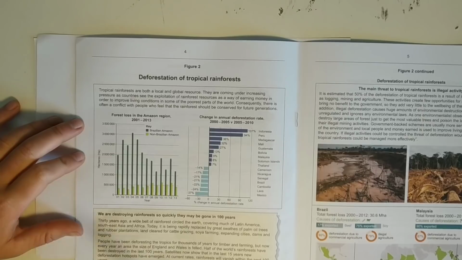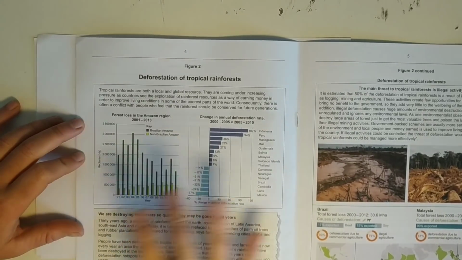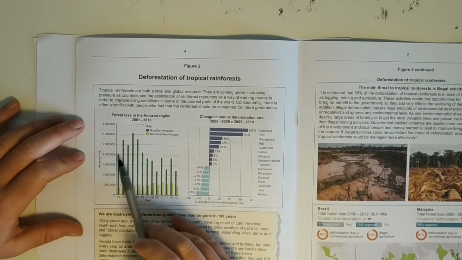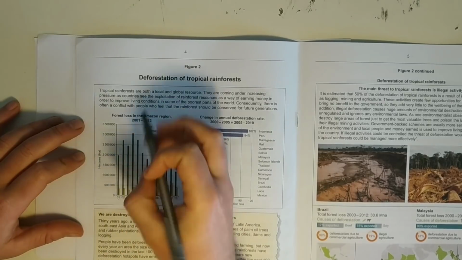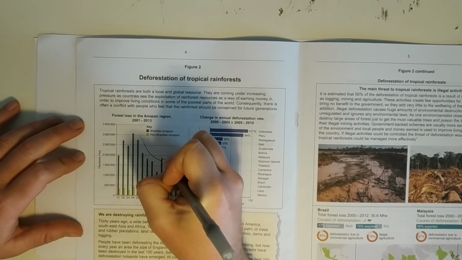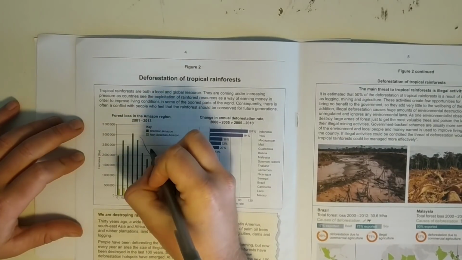Remember that the Amazon rainforest is not just in Brazil, it's in the surrounding countries as well. You can see here that from 2001 to 2013, the total amount of deforestation in Brazilian Amazon has decreased.